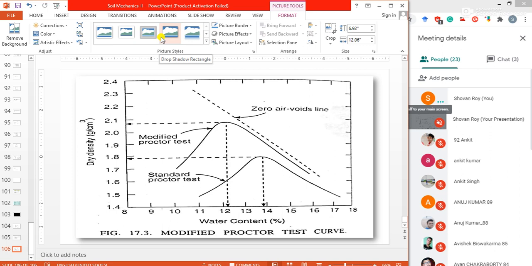So the modified Proctor test was developed to give a higher standard of compaction, and this test was standardized by the American Association of State Highway Officials, known as the modified AASHO.